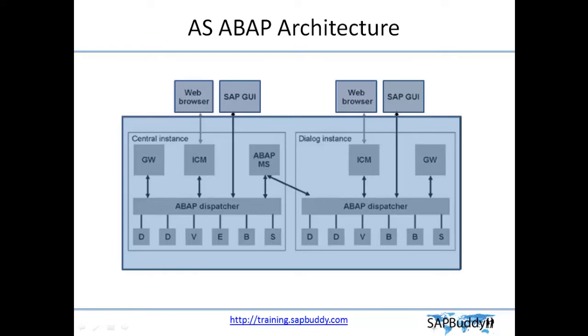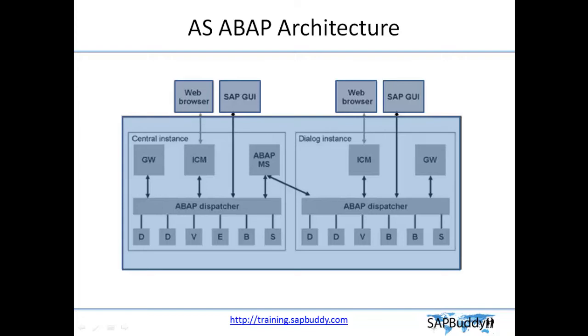You can see dialog and the enqueue work process. The enqueue work process is not available in the dialog instance. You can see other work processes like dialog, update, background, as well as spool work process in your dialog instance. However, the enqueue work process and ABAP message server are only available in the central instance.